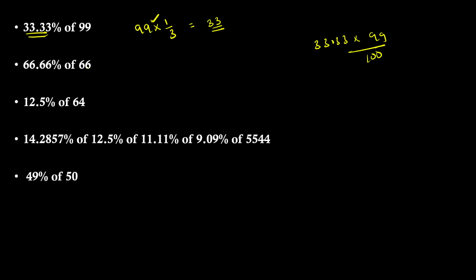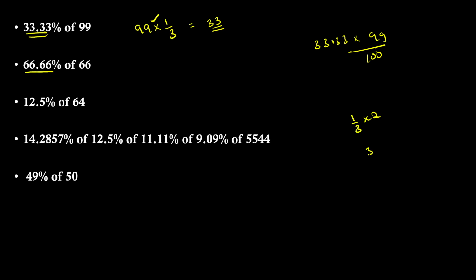Try to solve the second question now. 66.66% of 66. I am sure among the values that we discussed earlier, we didn't find the value 66.66%. But still, I am sure we can solve this. 66.66 is nothing but 1 by 3 multiplied by 2.